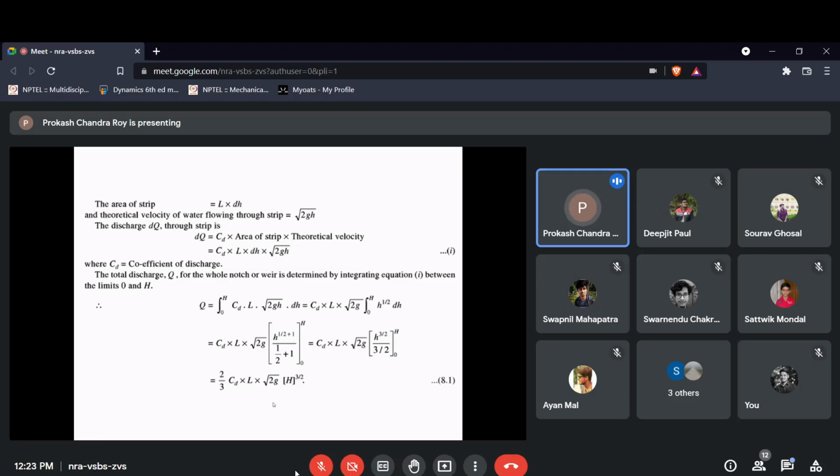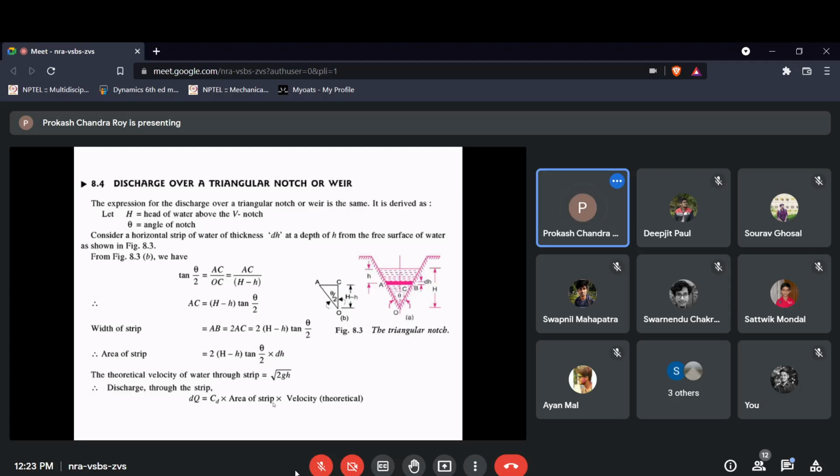This is for the rectangular notch, but in our demonstration we have the triangular notch, sometimes known as the V notch. It looks like a V. We will do the derivation in a similar way, but in the earlier rectangular notch the width of the notch was fixed as B, whereas here the only dimension is theta, which will be given.